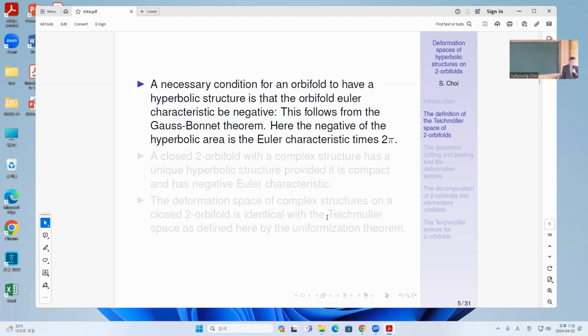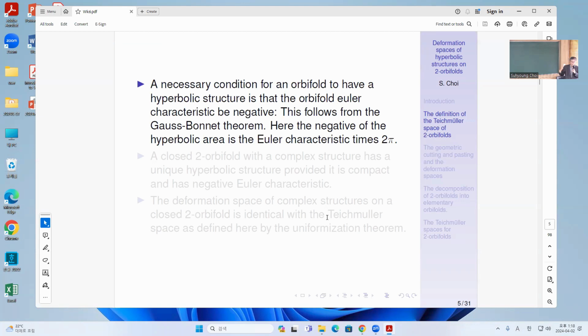Okay, so that's the standard Gauss-Bonnet theorem for surfaces and orbifolds as well, because if you think about it, it's always finitely covered by a smooth surface, and then you have this equation: the negative hyperbolic area is 2 pi times the Euler characteristic.